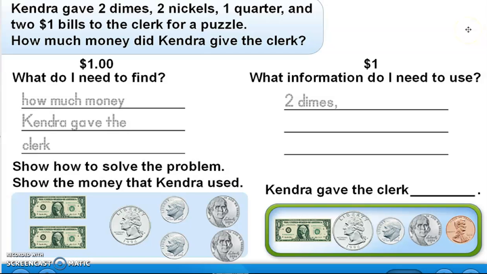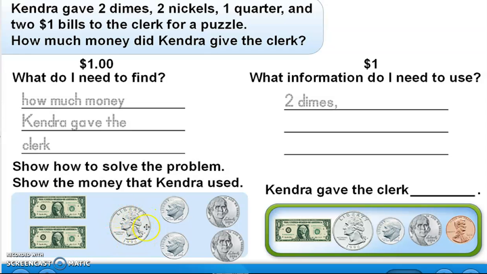Now that we've acted it out and we've set up how much money Kendra gave, now we can actually use the money to count how much she gave the clerk. So we can start with the highest valued amount of money, which is the $2 bills. So right now we know we have $2, right? Then we can add the quarter, which is 25 cents.